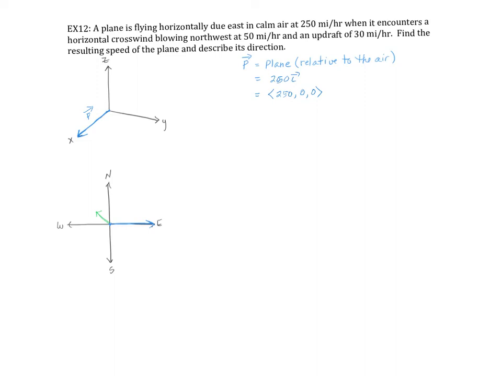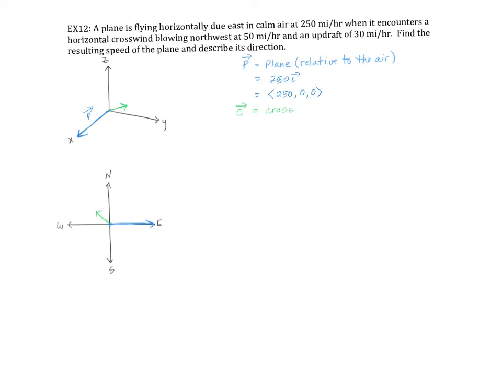So that would be the positive y-axis, but the negative x. So I would have some vector in the three-dimensional space that looks like this. That would be northwest. So what am I going to call this vector? I think since it's called a crosswind, I'll use C for crosswind.